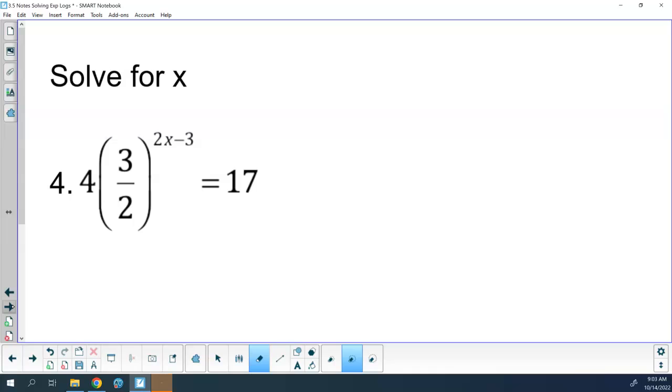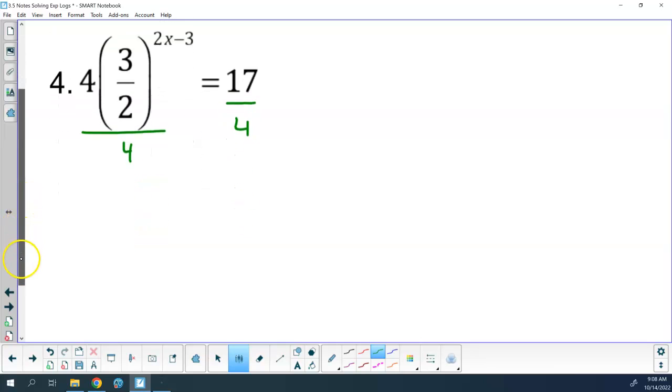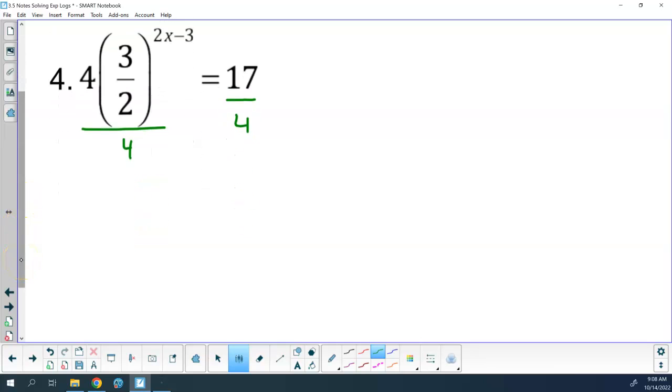You try that. Solve the problem. So first off, I'm going to divide both sides by 4. So that's going to give me 3/2 to the 2x minus 3 power equals 17 over 4.